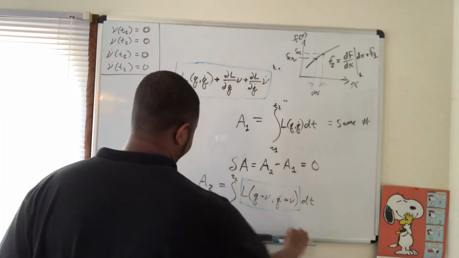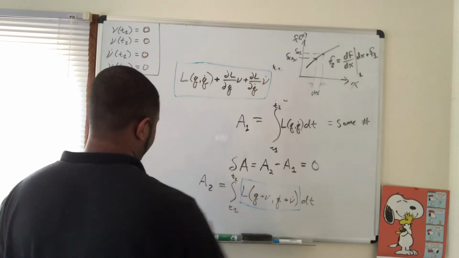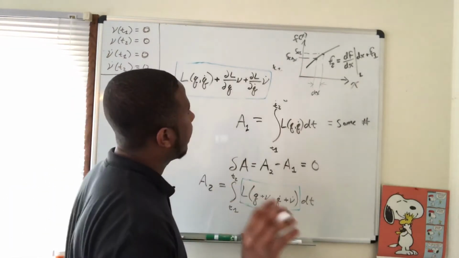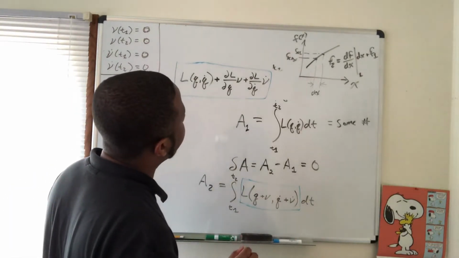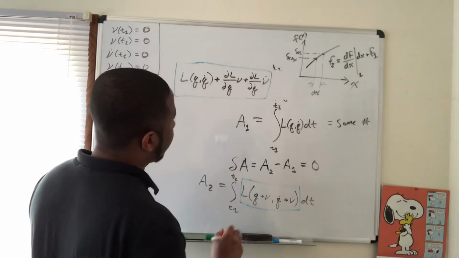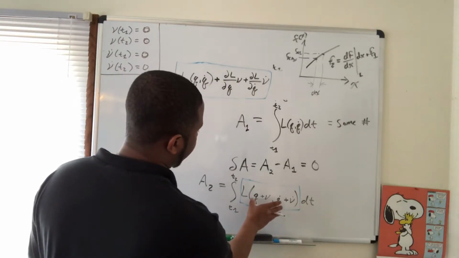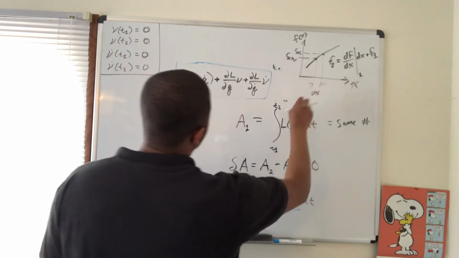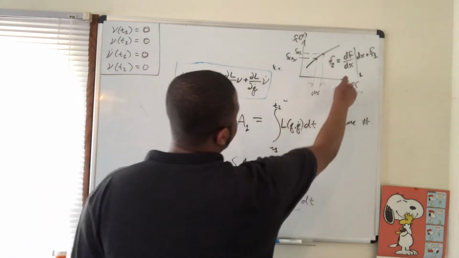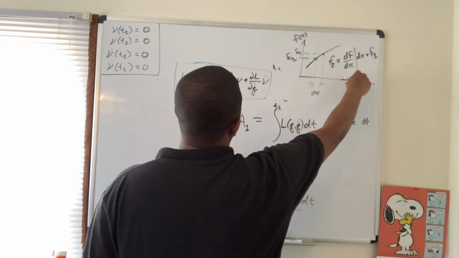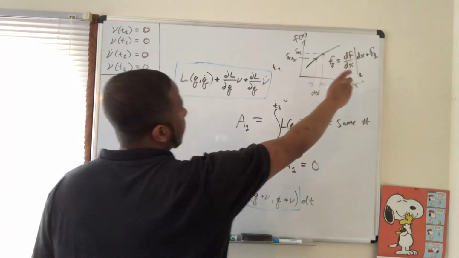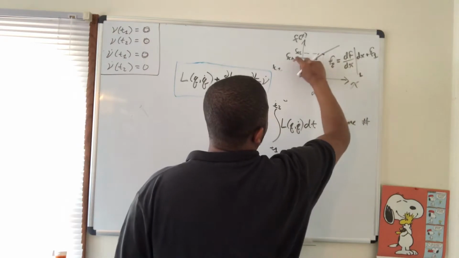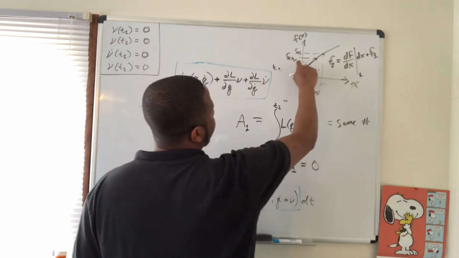That's what we're saying. And the analogy here is, this is our F2 here. How do we get F2? Well, first we start off at some value, F1.